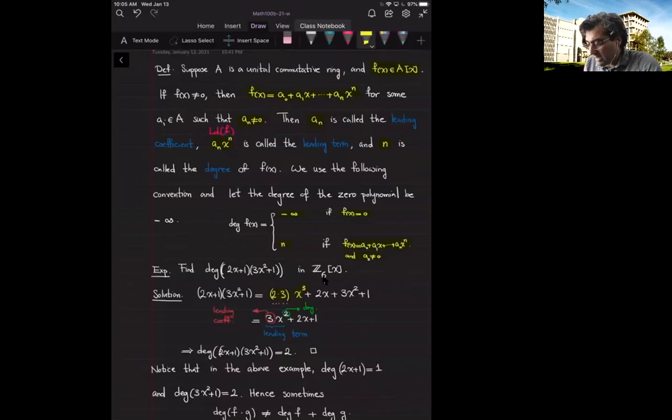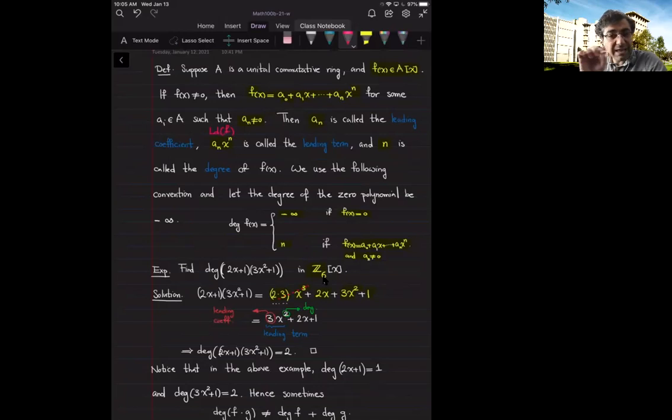Then I get 2x, then 3x squared, and then 1. But notice 2 times 3 is 0 in Z sub 6, which means this term disappears. If I order it in terms of the exponent of x, I get 3x squared plus 2x plus 1.